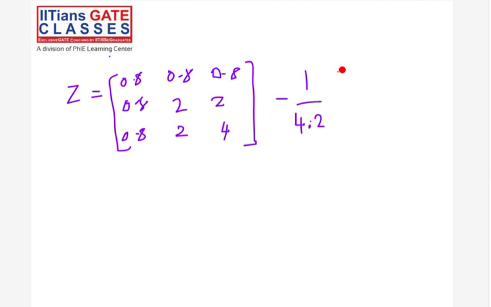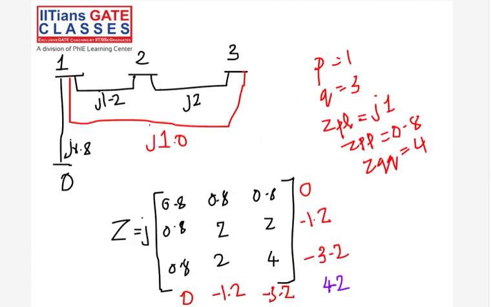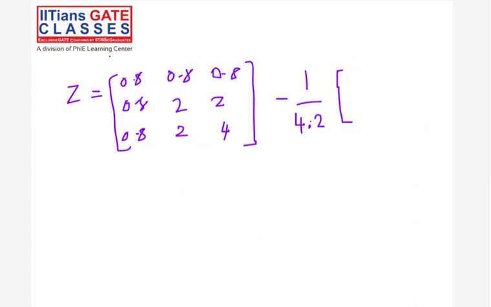And 3 cross 1: 0 minus 1.2 minus 3.2 into 0 minus 1.2 minus 3.2, cross 1 and 1 cross 3.